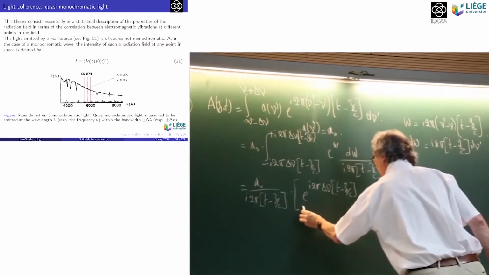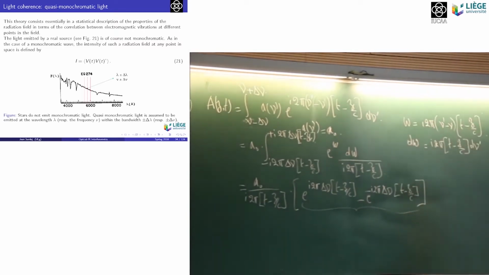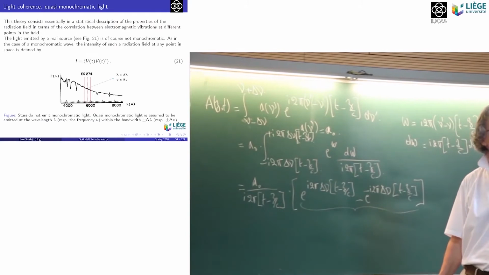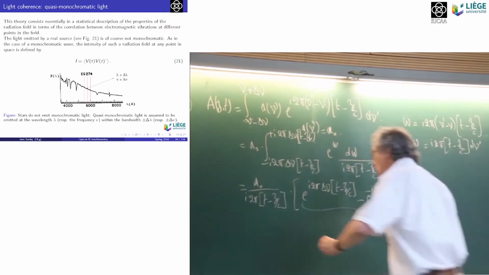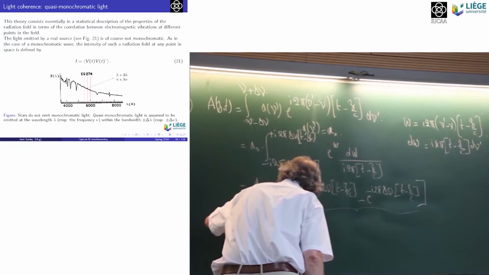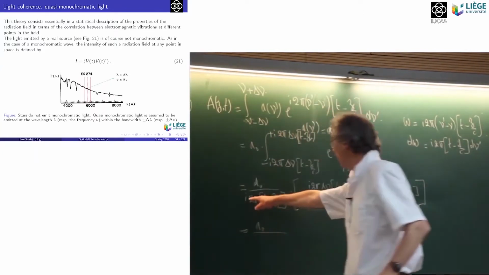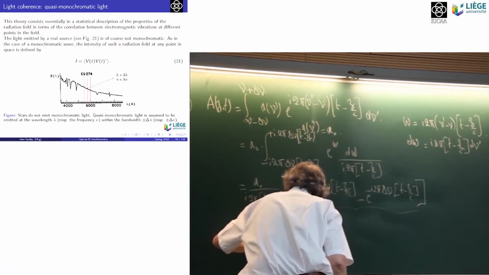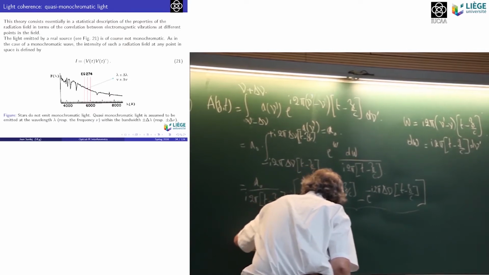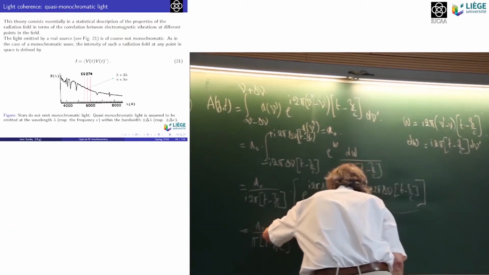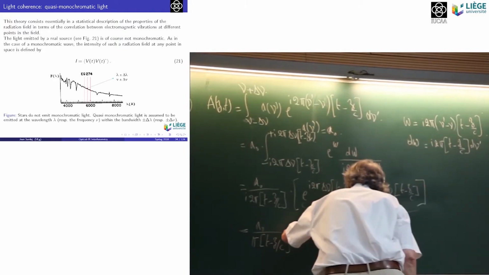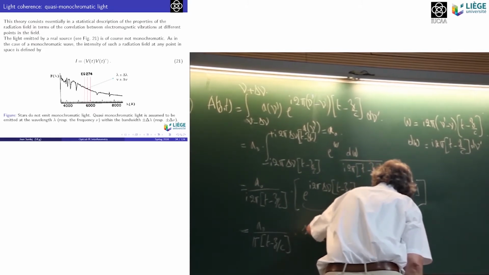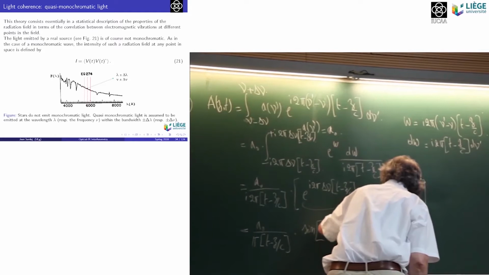And now here, you see, it's just e to the ix minus e to the minus ix. So this will be 2 times i times the sine of the argument. So it becomes equal to A0 divided by, so the i and the 2 will disappear, pi times t minus z over c, multiplied by the sine of 2 pi delta nu times t minus z over c.